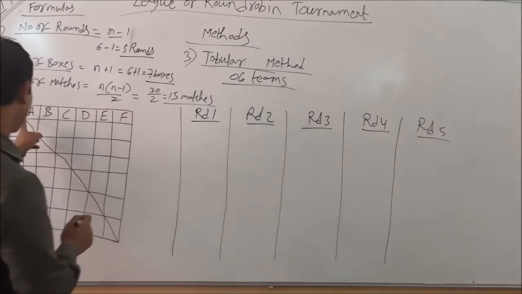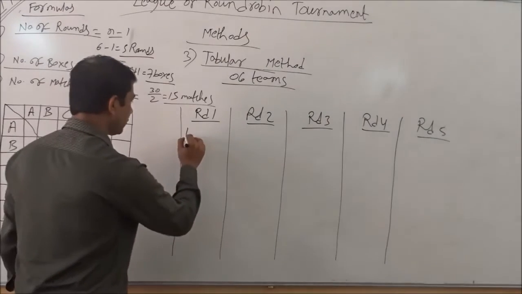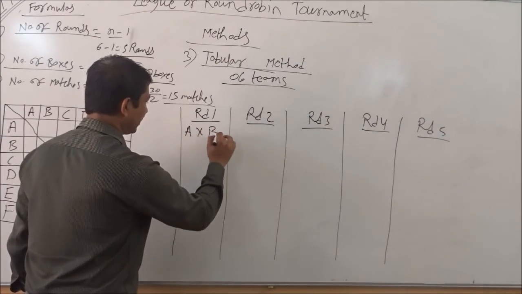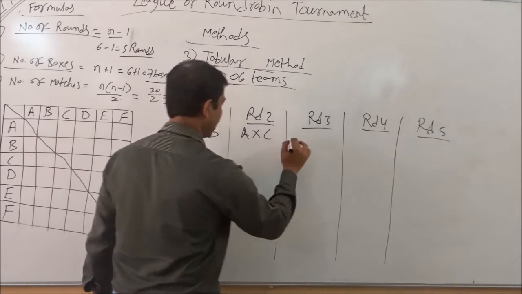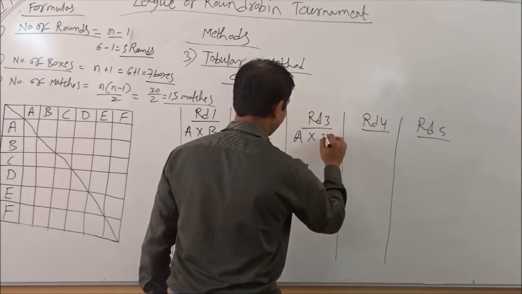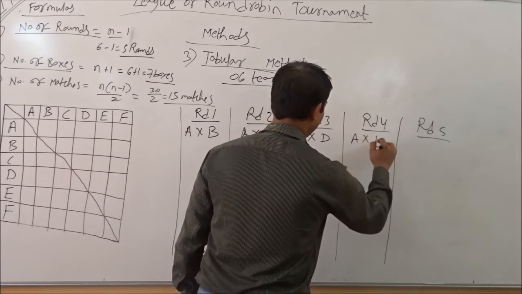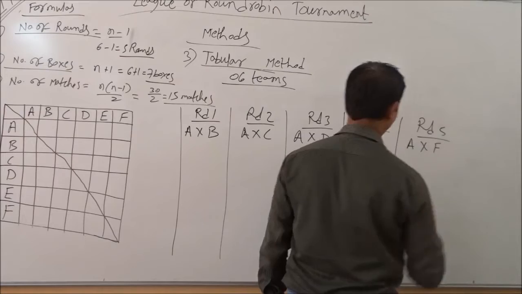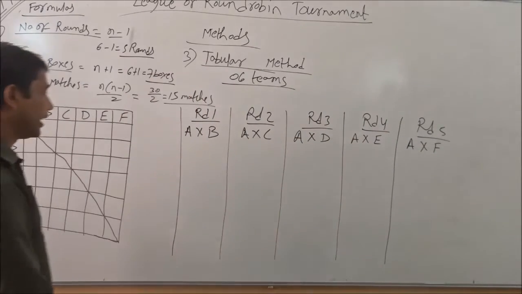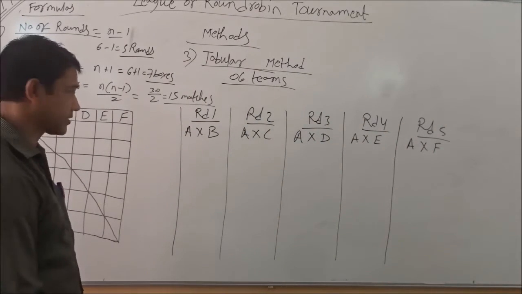So, the first team A. A will first play with B. Next, A is playing with C, A is playing with D, A is playing with E, as well as A is playing with F. So the team A is playing with all other teams once.